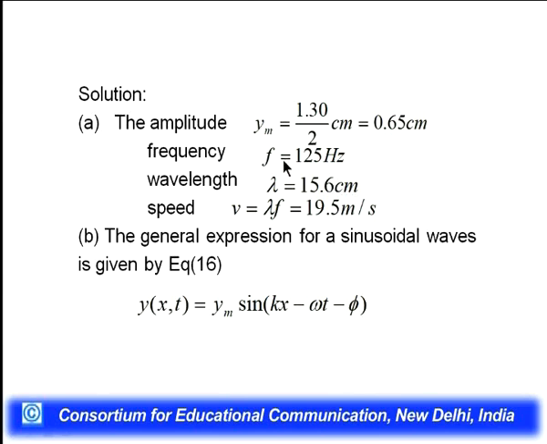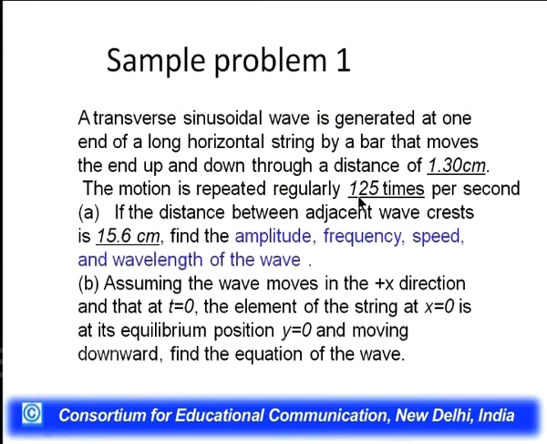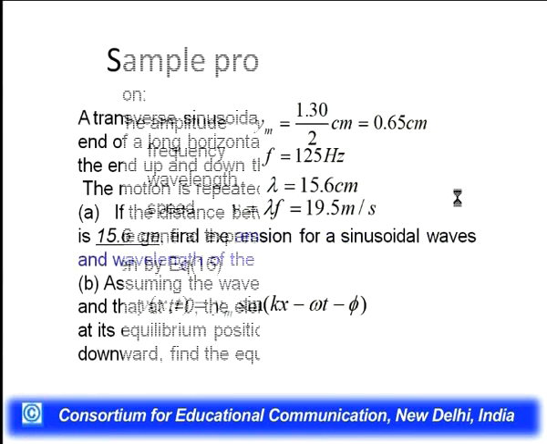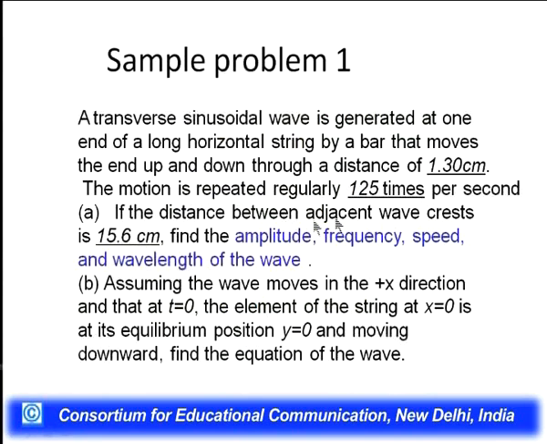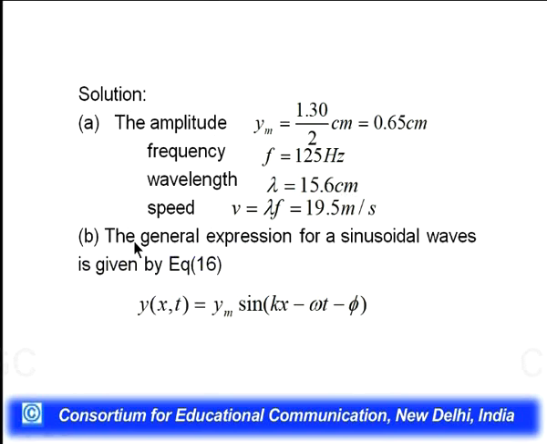The frequency is 125 times per second. The wavelength lambda is defined by the distance between adjacent wave crests, which is 15.6 centimeters. Then the speed v equals lambda times f, which is 19.5 meters per second.